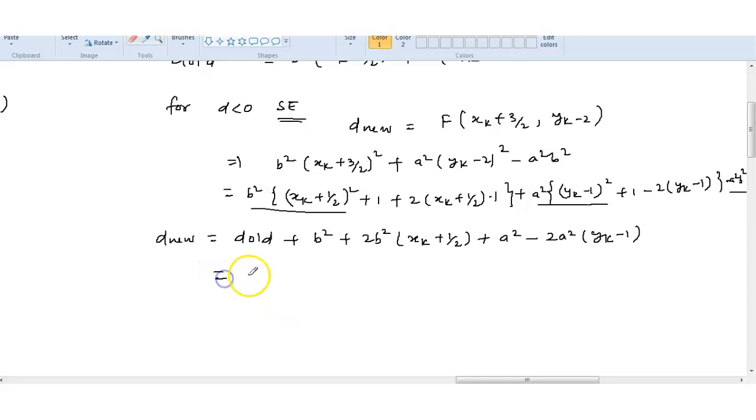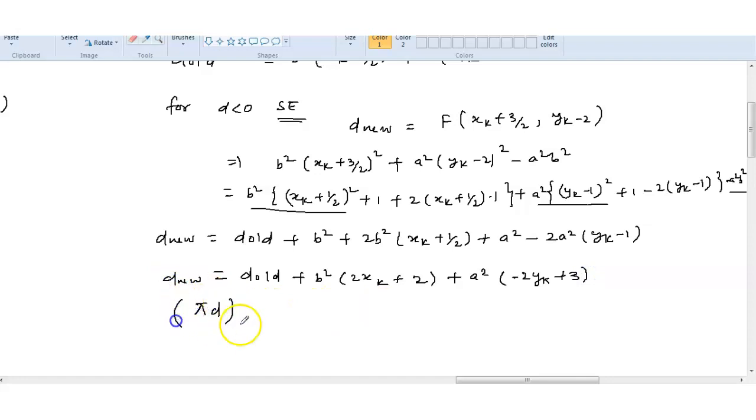If we simplify further, we get d new is d old plus b square, if you take the common, 2xk plus 2 into this one becomes 1, 1 plus this one is 2, plus a square minus 2yk and 2 plus 1, 3. So this is d new. So the difference for the southeast in region 2 is b square 2xk plus 2 plus a square minus 2yk plus 3.